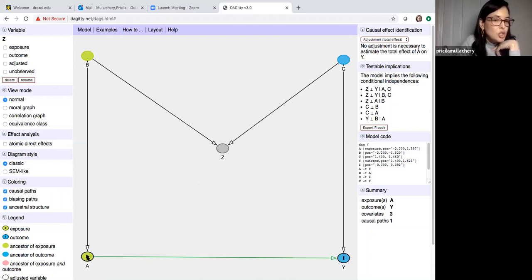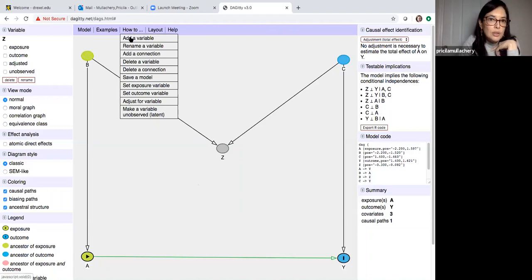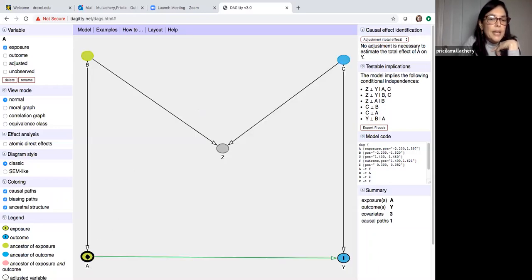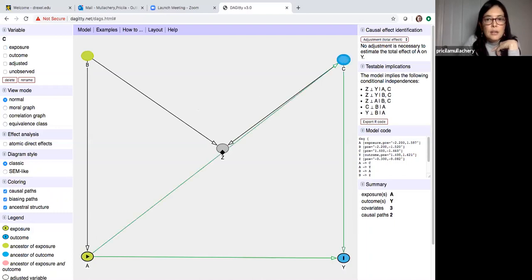If I look at the literature and there is this new study that found that there might be a direct effect of A on C, what do I do to add that here in my DAG? I can look how to add a connection, right? It's just going to tell you tap one variable and then tap the other variable. And I can go here and tap on A, tap on C, and then here is my path. And I can change this way and this way.